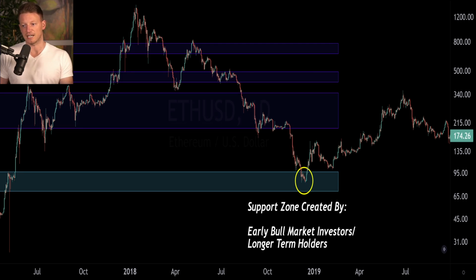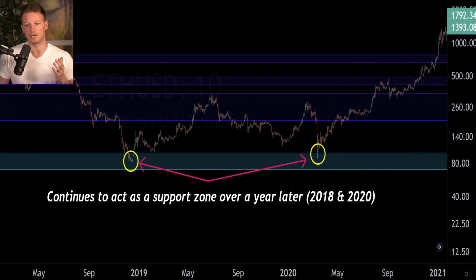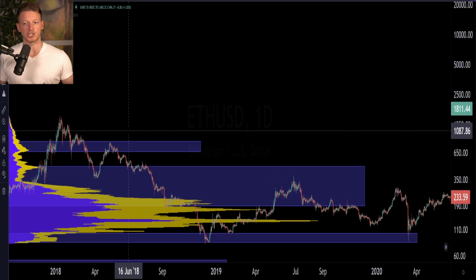And sure enough, that's exactly what we see. We saw that this area right here acted as a support level, not once, but twice. So here in 2018, and then again here in March of 2020 during the COVID capitulation event. All right, so that just goes to show how powerful this kind of metric can be.